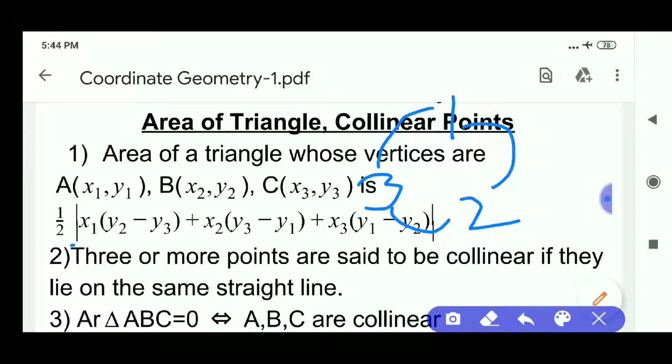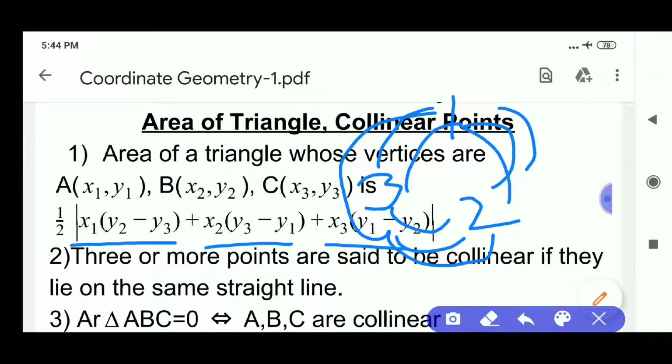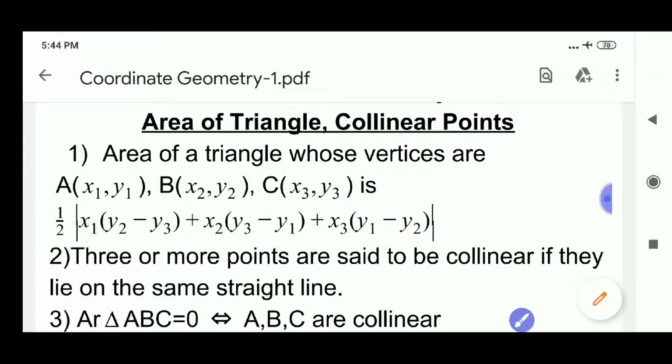Observe here: x1 into (y2 minus y3), 1 2 3, and x2 into (y3 minus y1), plus x3 into (y1 minus y2). So practice once or twice, you can remember it.